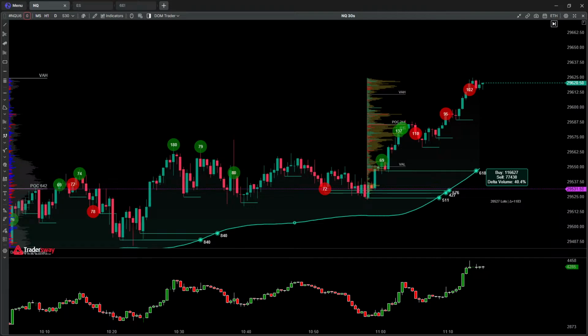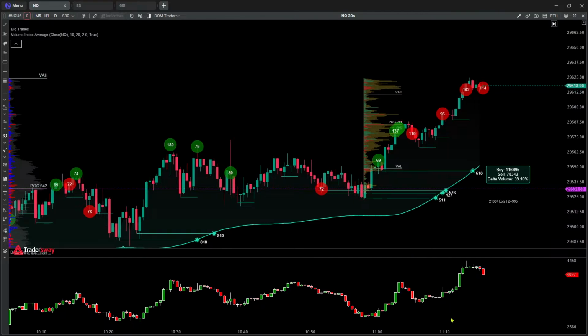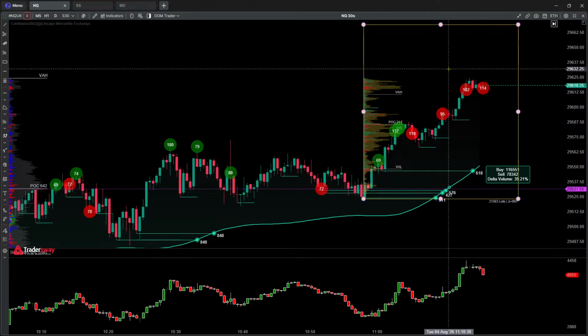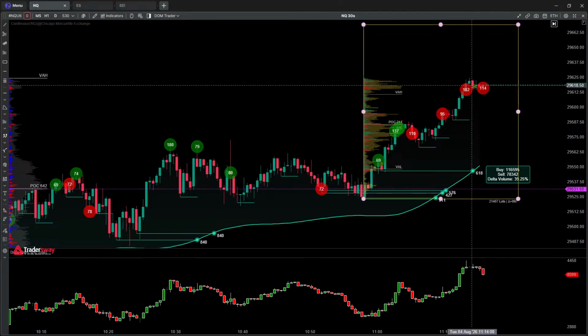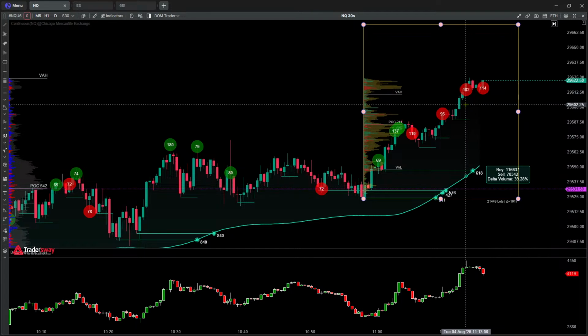You have aggressive sellers. Well, okay. Another 114 sell contracts right there. But look, the price is not budging. It is absorbing these sell orders and constantly pushing higher.